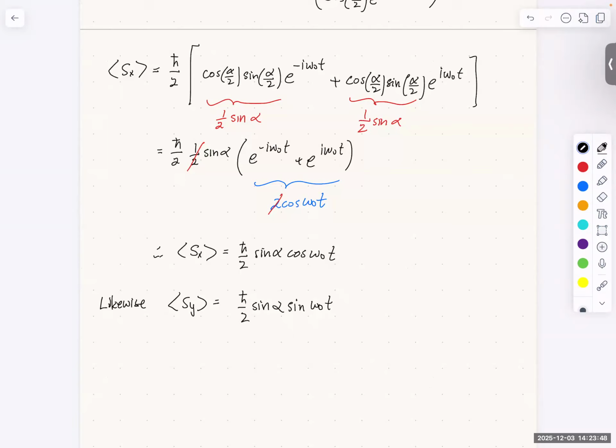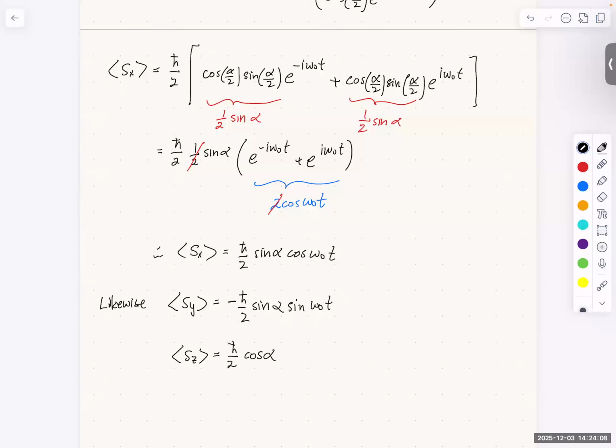All right. There's one other little wrinkle, and if you go and do this calculation, you'll actually pick up a negative sign. All right. And then it's the Sz. I was getting ahead of myself. The Sz is the one that's going to have the cos alpha.